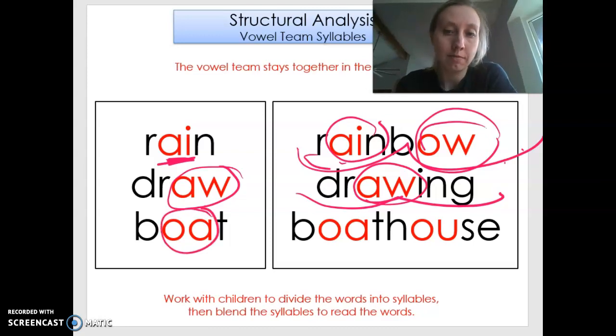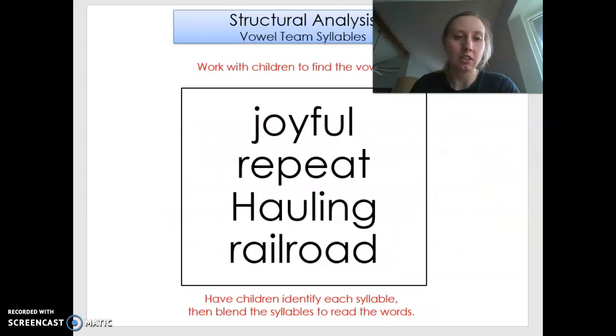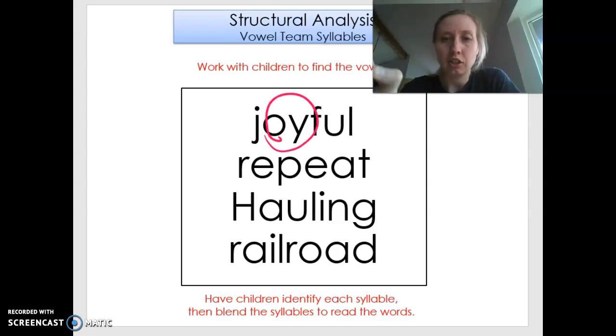Let's look at the next one. OA says O, and OU says ow. So boat, house, boathouse, is a compound word. Let's look at a few more words and see if we can find the vowel team. These are two vowels put together, and sometimes Y counts as a vowel as well. Our vowel team here is OY: joy, joyful. Then let's find the vowel team in the word that only has one vowel.